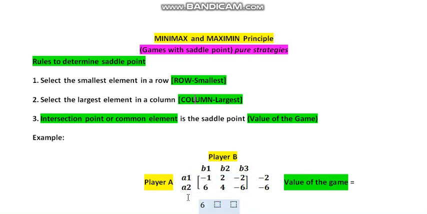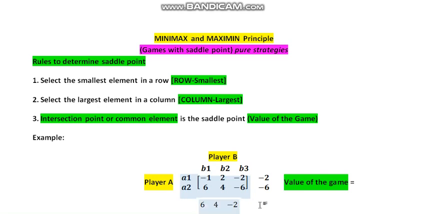Column means largest, for a row means smallest, right? So the largest one is 4. And for the third column, the B3 strategy for player B, which is the biggest one here, minus 2 or minus 6? It is minus 2.